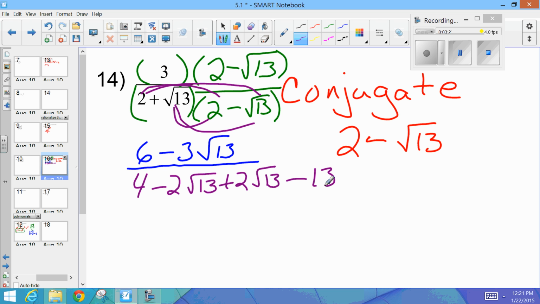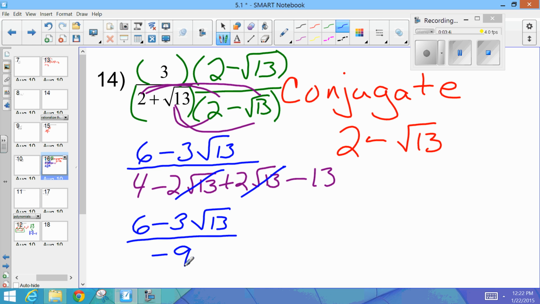Now, here my middle two terms cancel. They're opposites of each other, and that's the whole beauty of the conjugate. Those terms that have the radical in them cancel. If they do not cancel, you did it wrong. So here's the top. In the bottom, I'm left with 4 minus 13, which is negative 9.